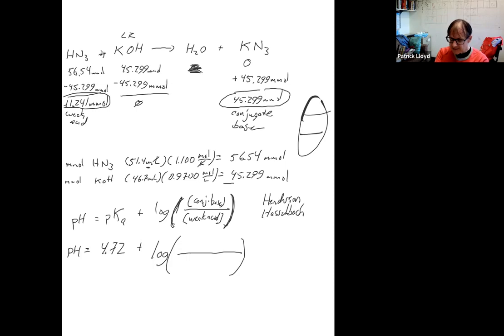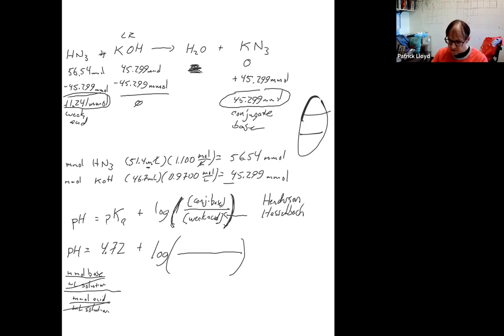Then you divide that by the concentration of the weak acid, which is the millimoles of the weak acid divided again by the total volume. So you end up with millimoles of the base divided by milliliters of the solution in the numerator, and millimoles of the acid divided by milliliters of the solution in the denominator. The milliliters of the solution cancel, so you're just left with millimoles of the base over millimoles of the acid.